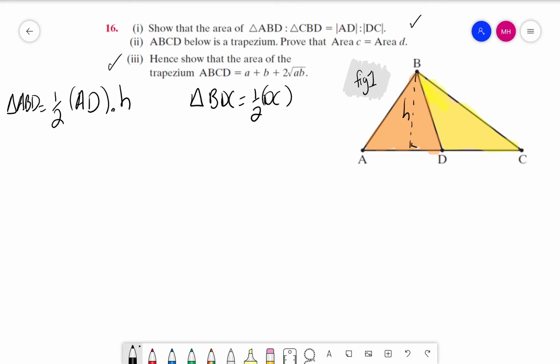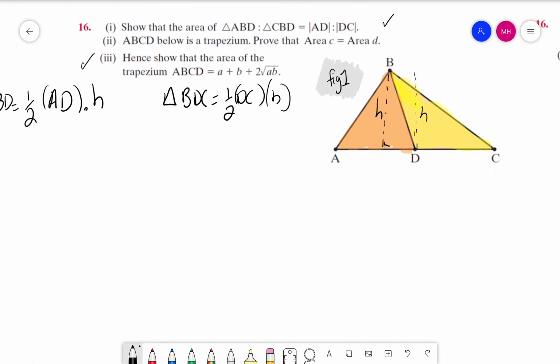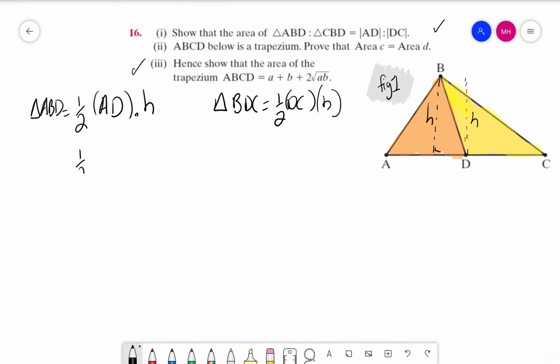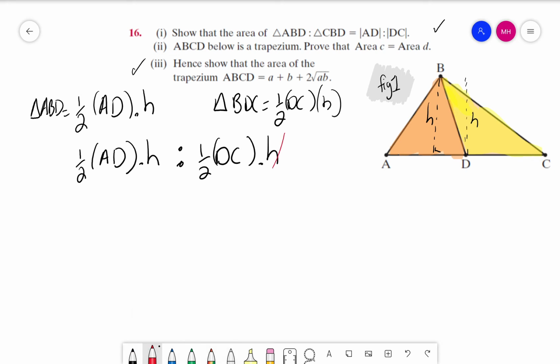And you'll notice again that the perpendicular height of this triangle is the same H. So if we were to examine those as ratios to each other, we would have on one side half AD H, and on the other side a half DC H. So you can see clearly that you've got H's on both sides, you have a half on both sides. So what you're actually left with is AD to DC. That's what you've been asked to show.